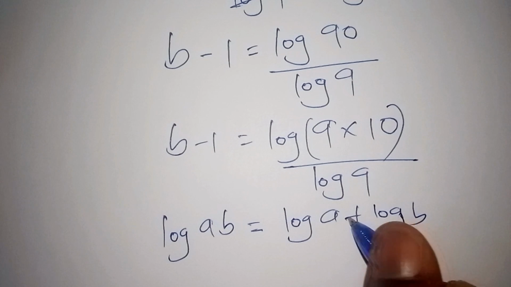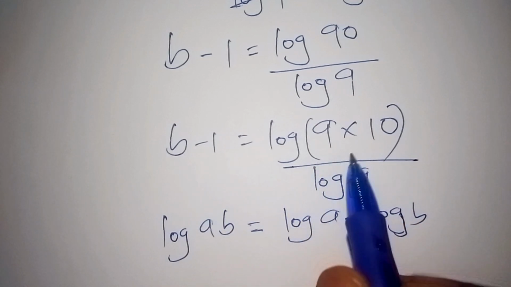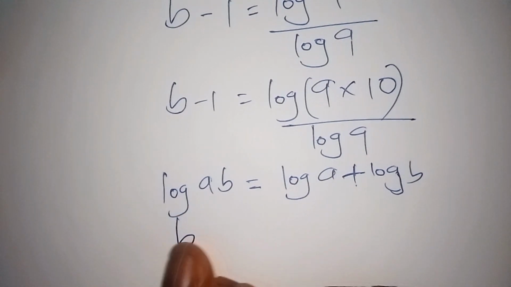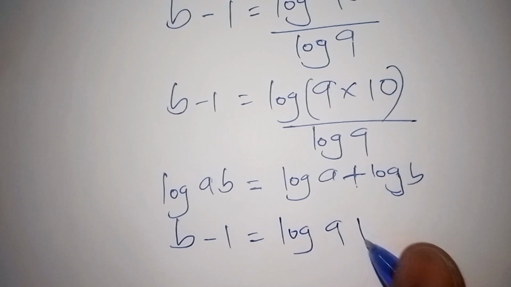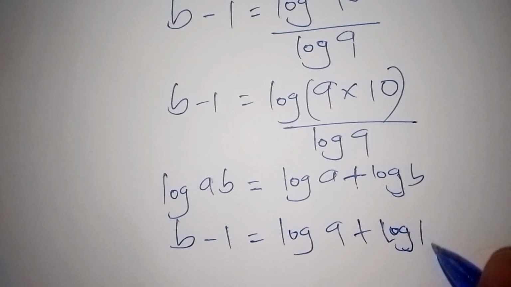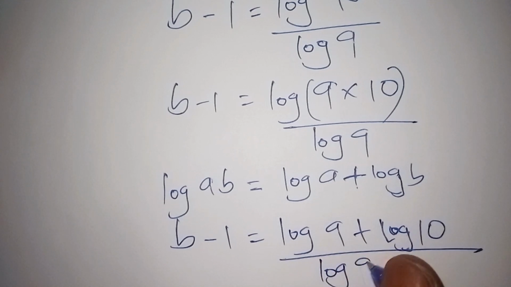So we can rewrite it that way. That means b minus 1 is equal to the log of 9 plus the log of 10, then all over the log of 9.